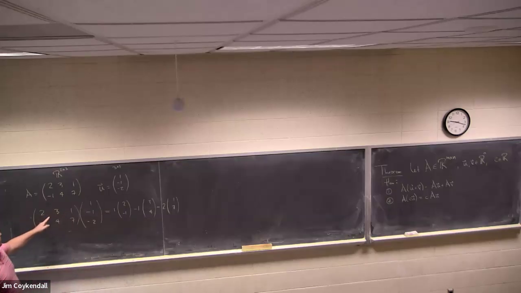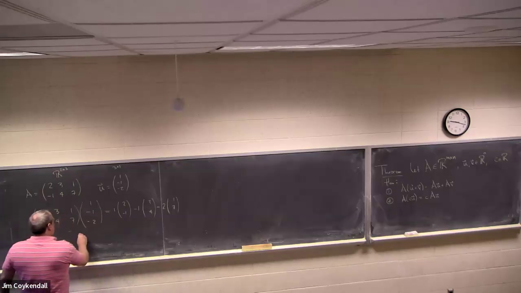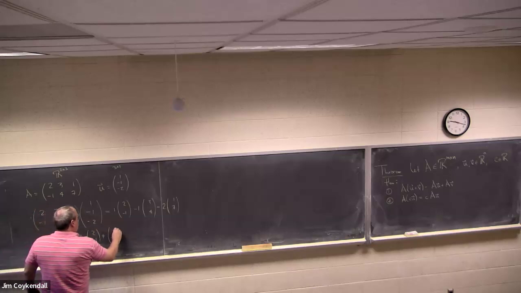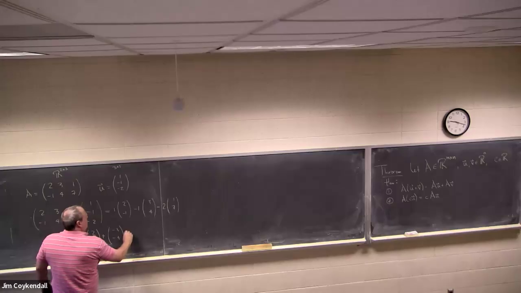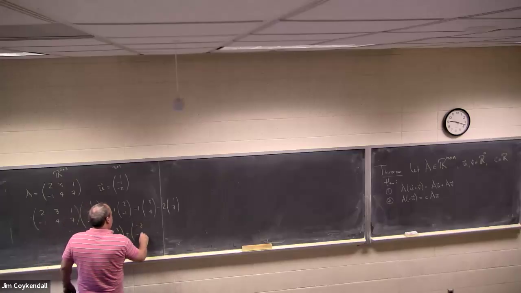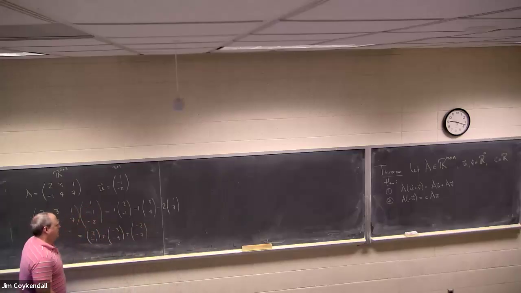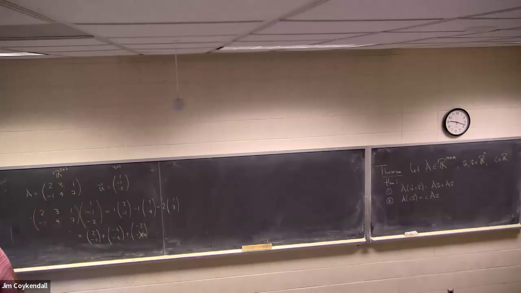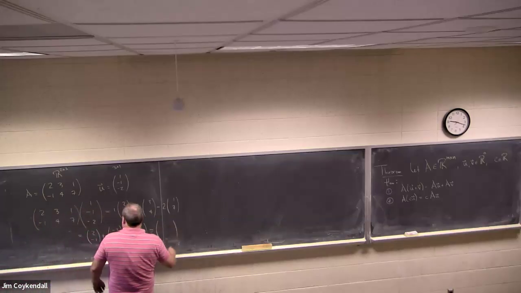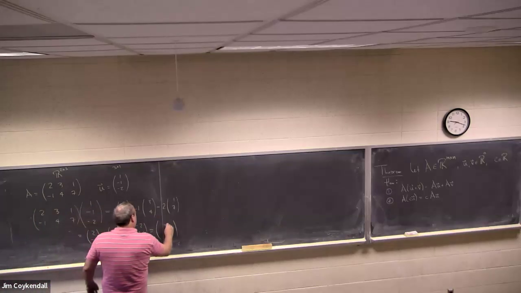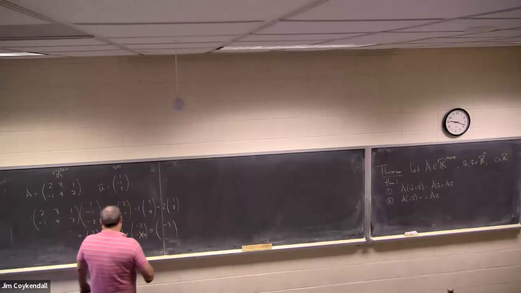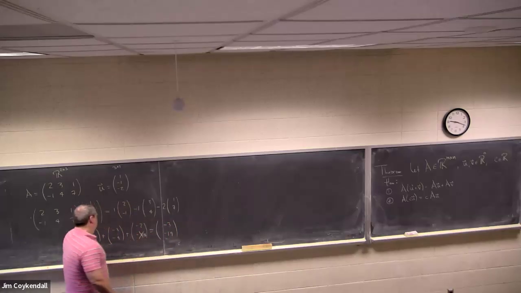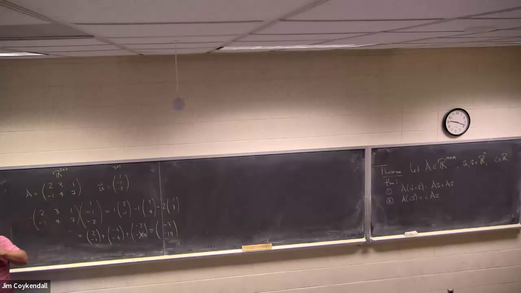So first entry times this column, second by this column, third by this, which gives me 2, minus 1 plus minus 3, minus 4 plus minus 2, minus 7. That should be 14, of course. And this comes to the vector minus 3 and minus 19. Do I agree with that?